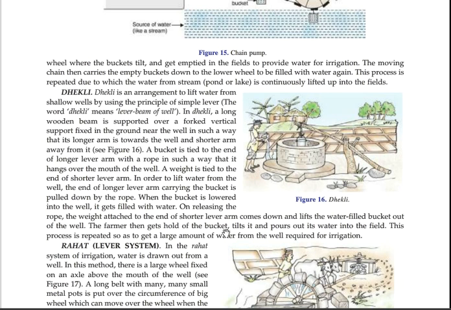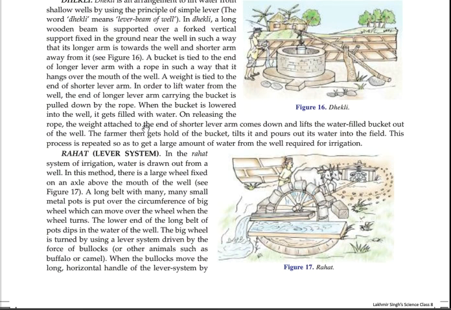That's why our agriculture production enhances day by day. The last traditional method is the rahat system or lever system.